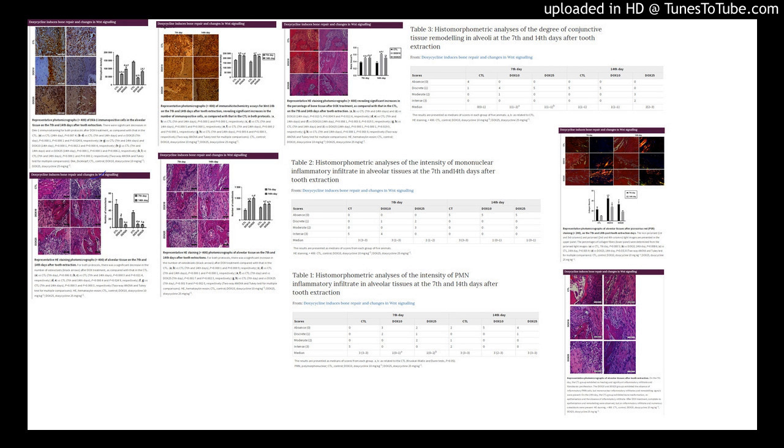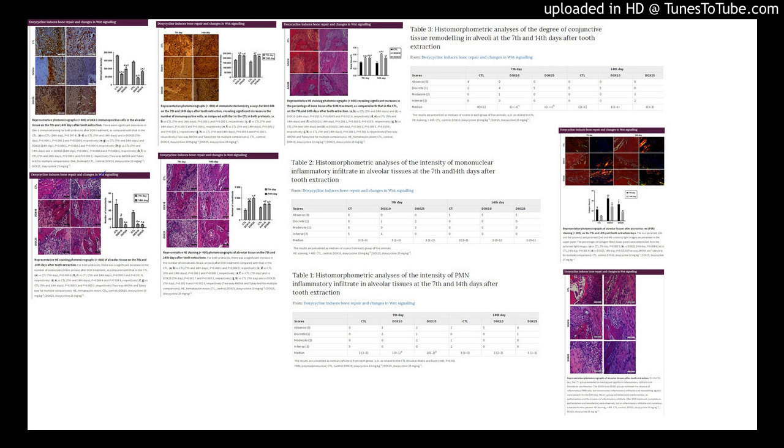Figure 5. Representative histaining photomicrographs, times 400, revealing significant increases in the percentage of bone tissue after DOX treatment, as compared with that in the CTL, on the 7th and 14th days after tooth extraction. A, B, versus CTL, 7th and 14th days, and C, versus DOX10, 14th day, P=0.0135, P=0.0049 and P=0.0116, respectively.